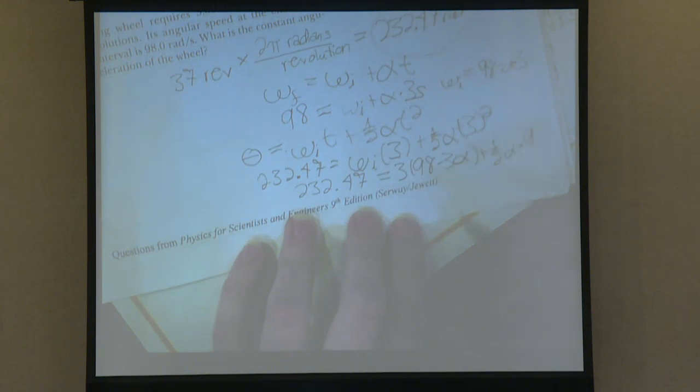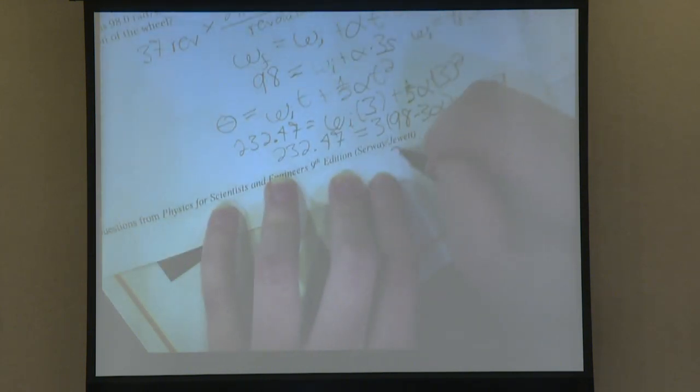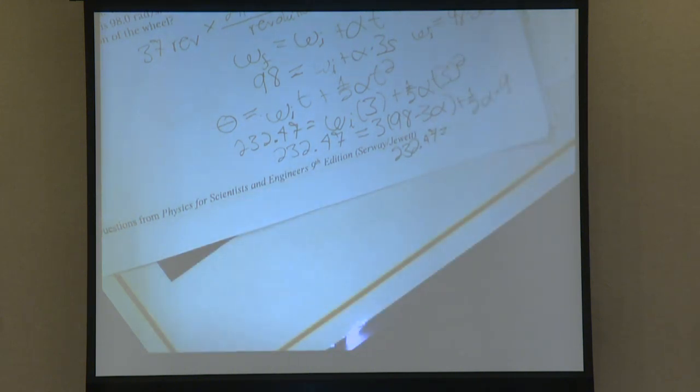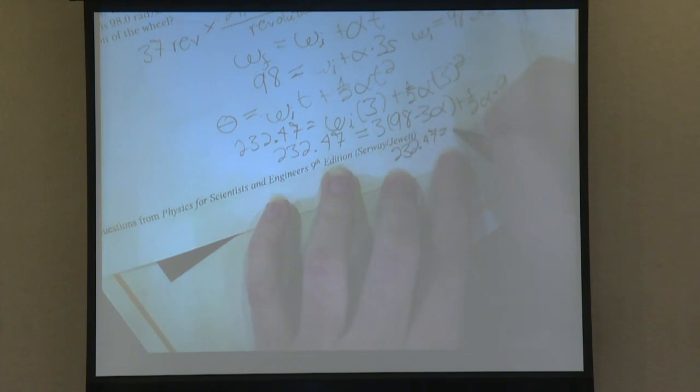And when you calculate that out, you have 232.47 equals 3 times 98 minus 9 alpha plus 9/2 alpha.